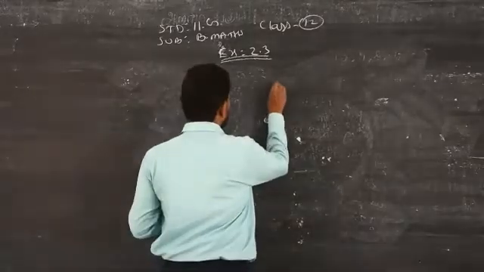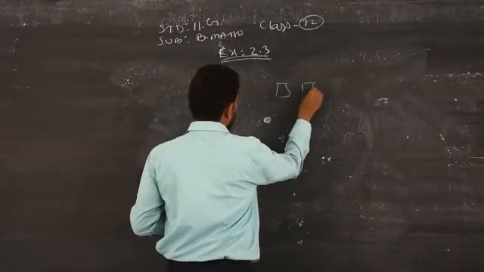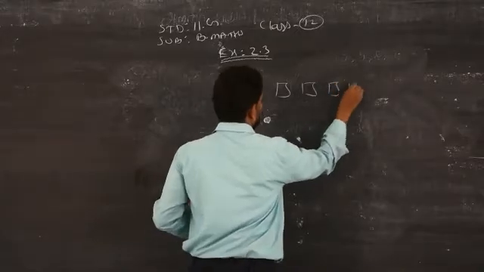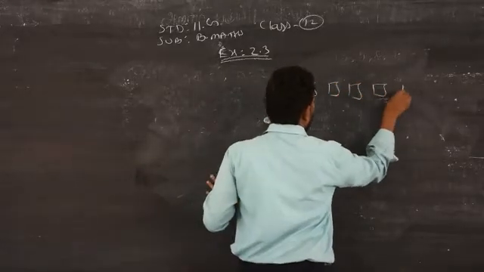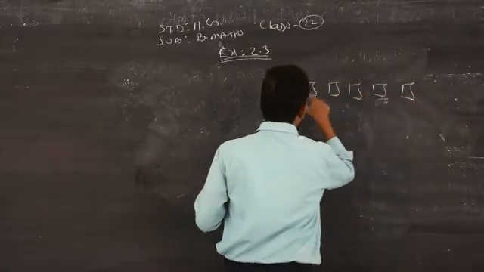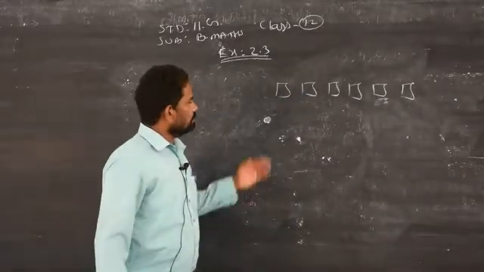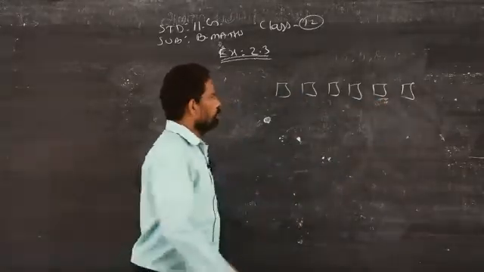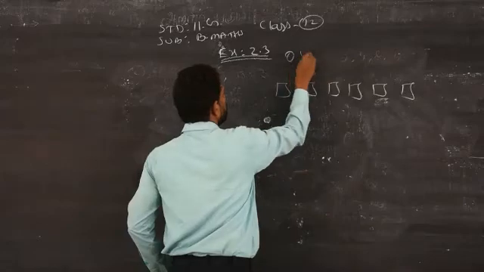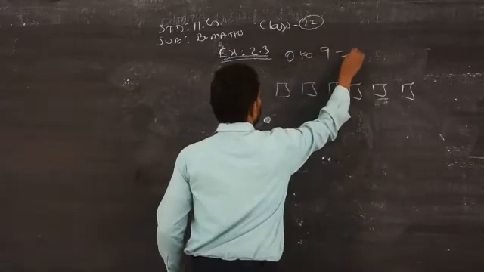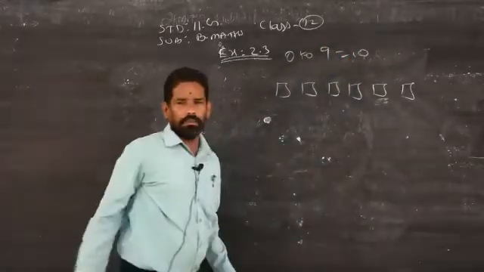So for a 6-digit number you have to put 6 boxes: 1, 2, 3, 4, 5, 6. For this 6-digit telephone number you are supposed to use the numbers from 0 to 9, so the total availability is 10 numbers.